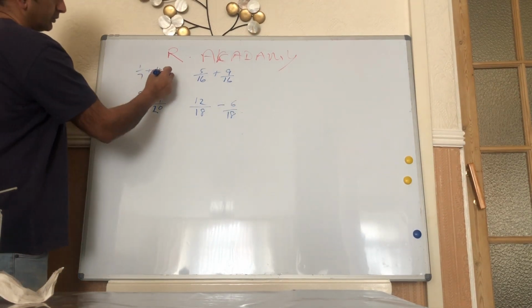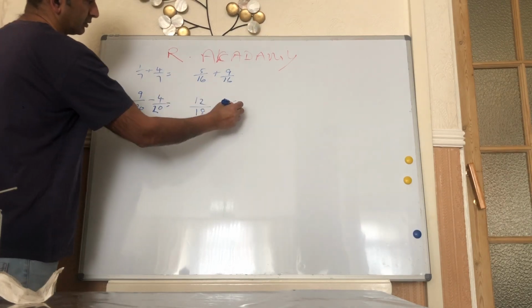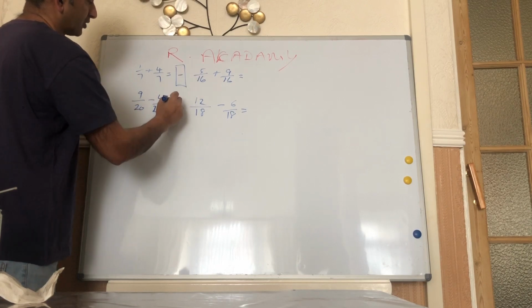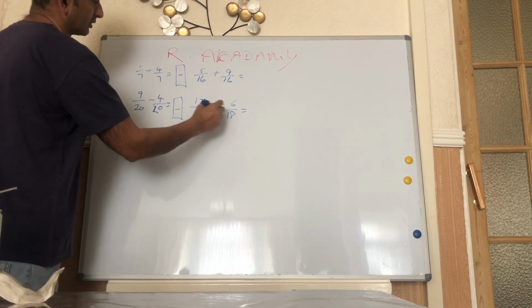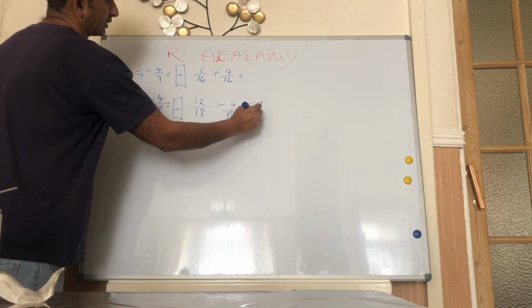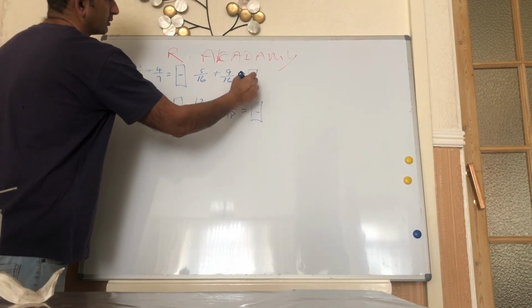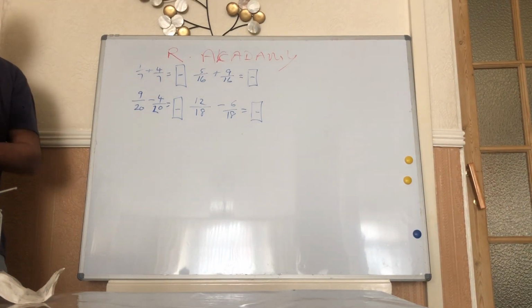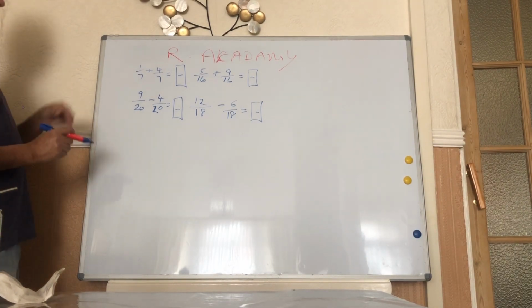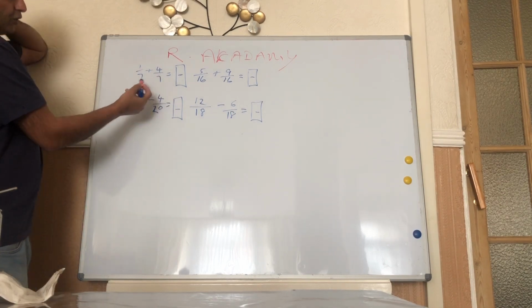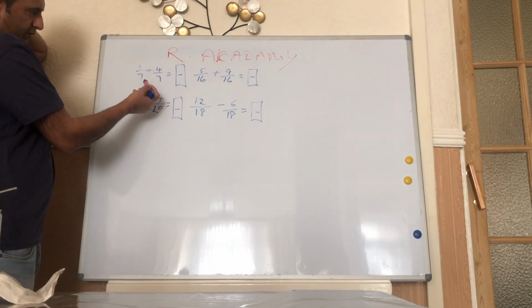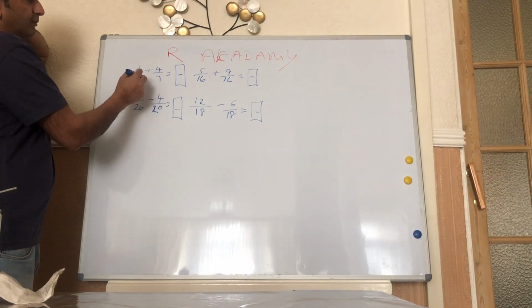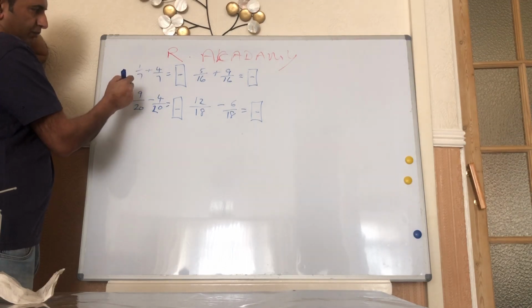So each of them has got an equal sign with a box where there's a fraction as an answer, because a fraction minus a fraction or plus a fraction is going to be a fraction. Yeah? So basically, as I said before, the lower figure, which is the denominator of a fraction, always remains the same if both of them are the same.